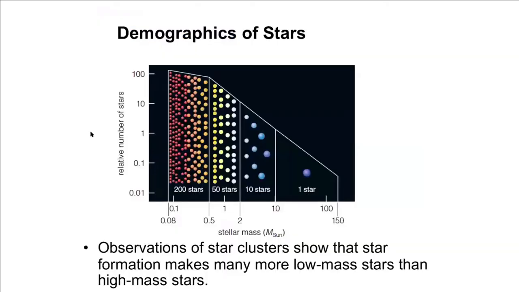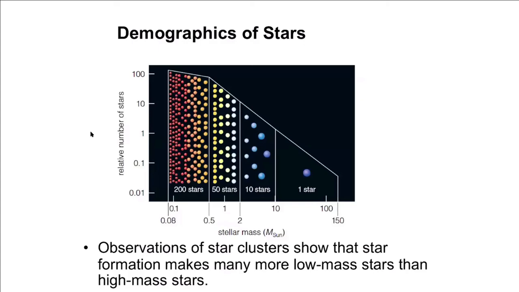Okay, this is an interesting demographics of stars. It is not true, and you sort of saw this hopefully if you watched the video of the star formation below, not all stars are created in equal amounts. In fact, way more low mass stars are created than high mass stars.